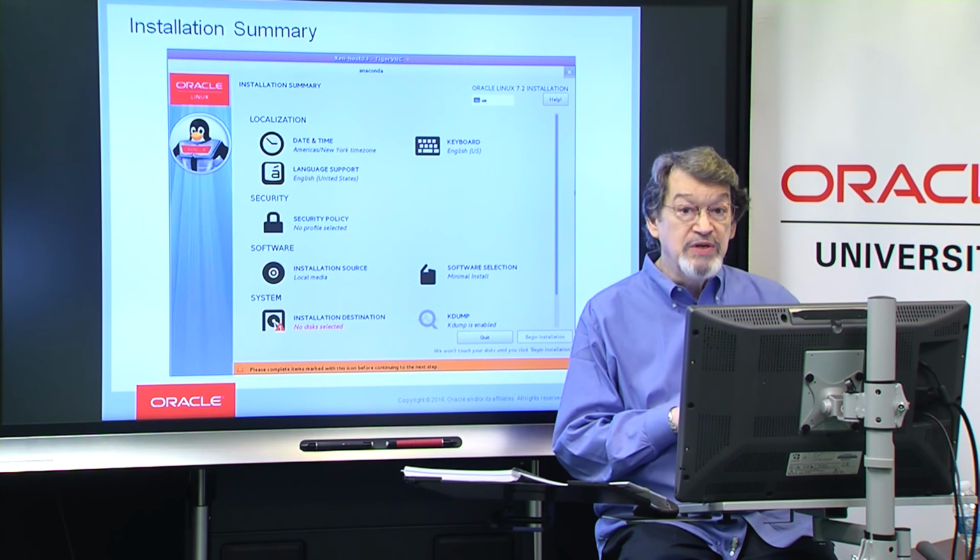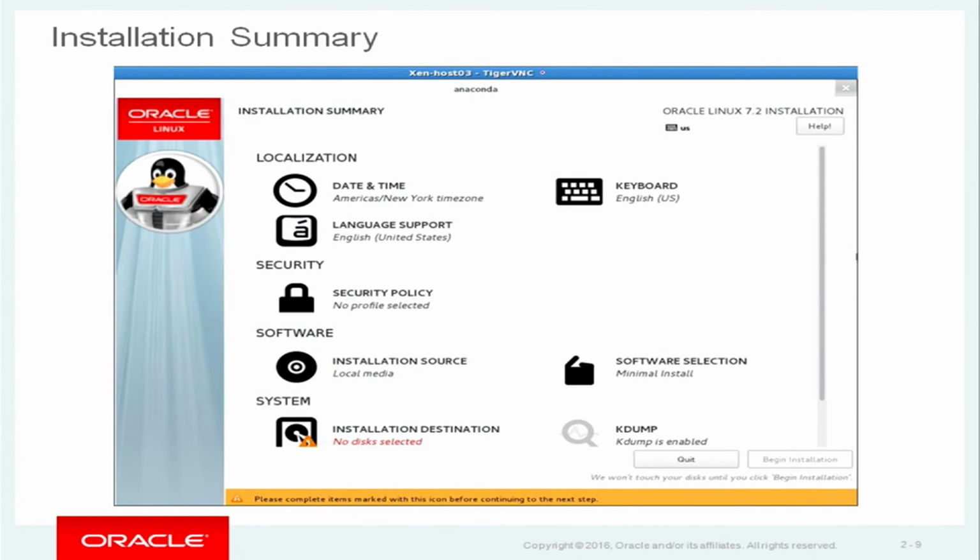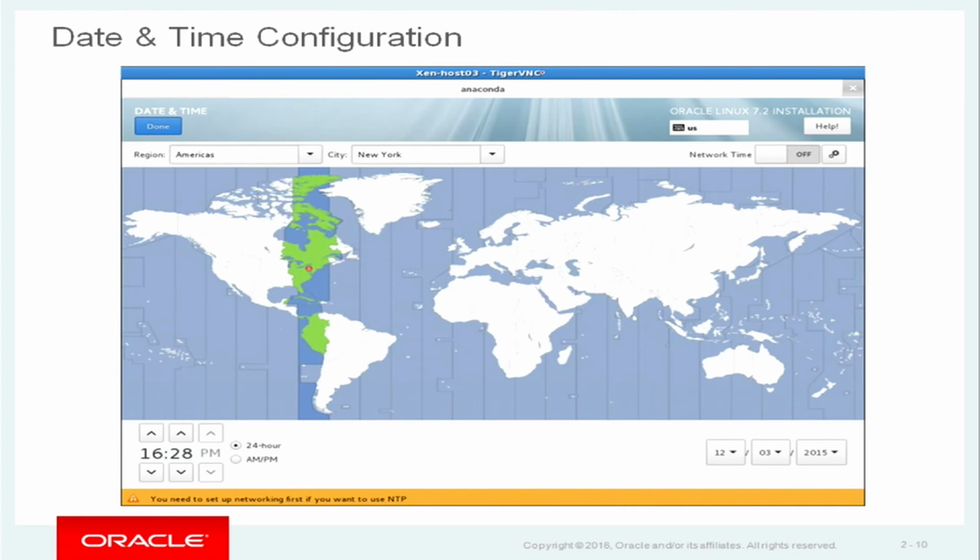No, you will not do a minimal install. And then we'll also have an installation destination, and you'll have a 12 gig system.img file that you'll use. And then lastly, after we have done the reboot, we'll go in and we'll disable kdump.